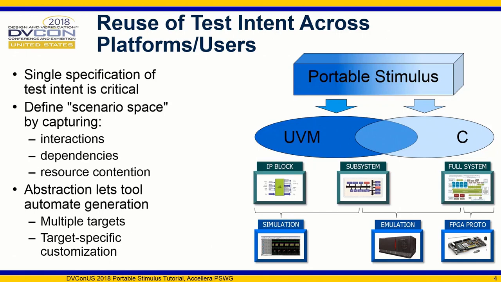So we might have multiple flavors of a particular implementation. One might have 4 CPUs, one might have 8, one might have 32 DMA channels, one might have 16, whatever, right? There's lots of different things that can be customized about a given implementation, and we want to be able to take that information and work that into the generation of tests for those specific platforms.